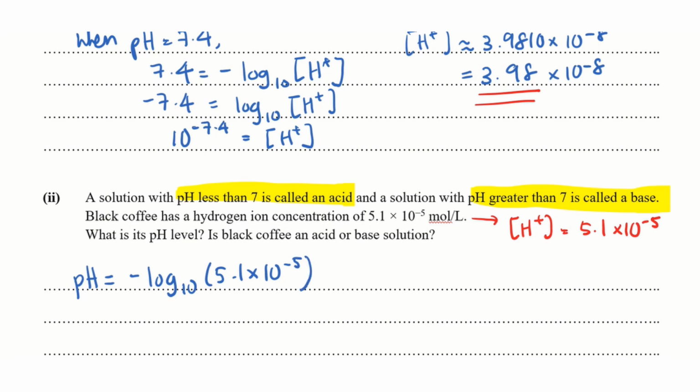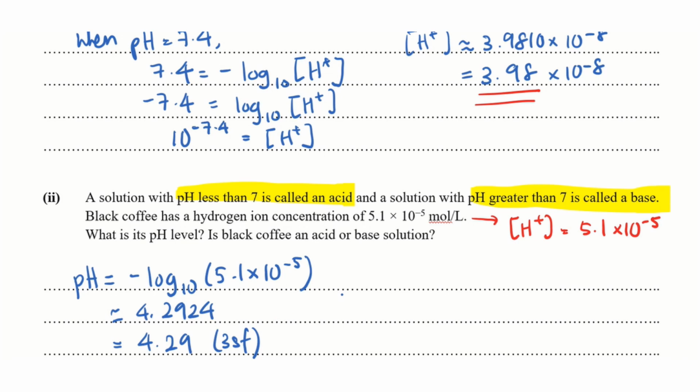Instead of writing log base 10, you may also choose to write the common log. That is also fine, it means the same thing. Pressing this into the calculator, I hope you are familiar with that, we would get about 4.2924 in truncated 5SF, and that would be 4.29 in 3SF.